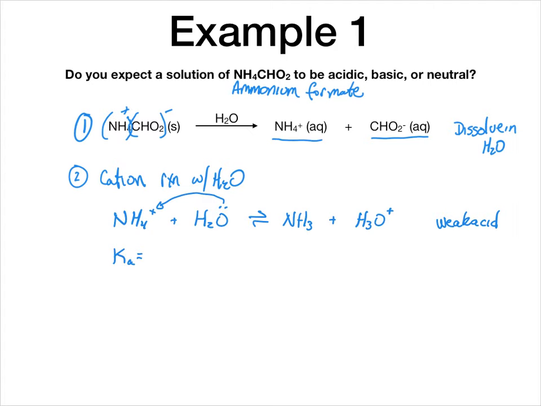Now, remember, our NH4 plus is not on our table, and so we have to do Kw divided by Kb, which is 1 times 10 to the minus 14.